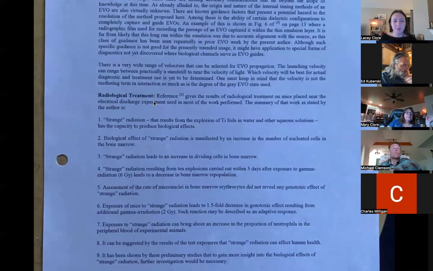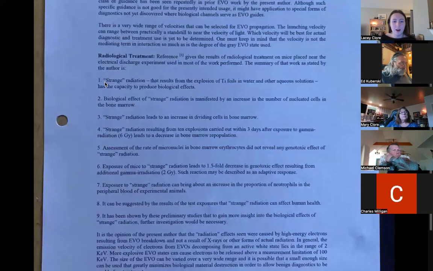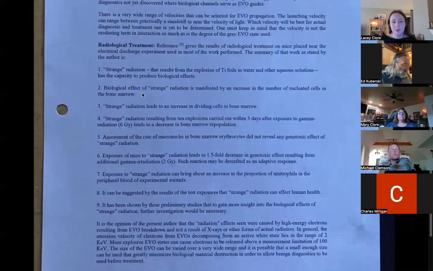Radiological treatment. Reference 1 gives the results of radiological treatment on mice placed near the electrical discharge experiment used in most of the work performed. The summary of that work, as stated by the author, is number 1, strange radiation that results from the explosion of titanium foils in water and other aqueous solutions has the capacity to produce biological effects.